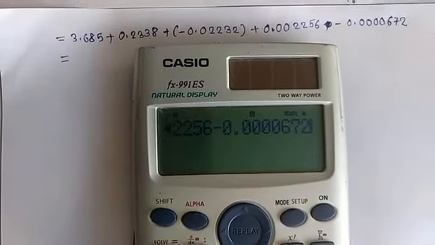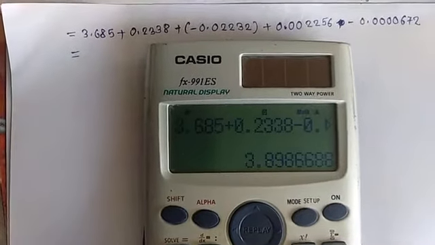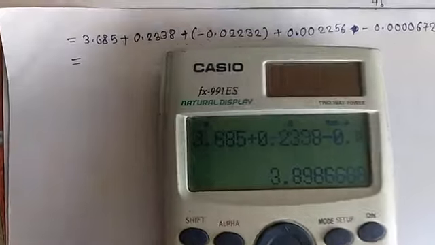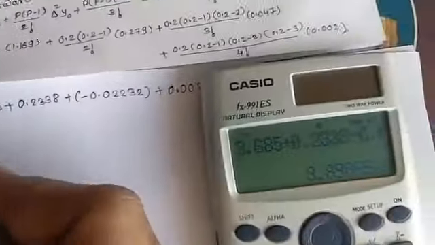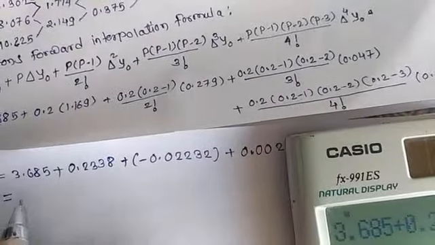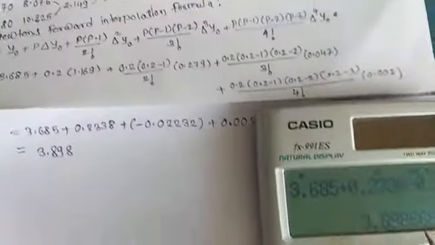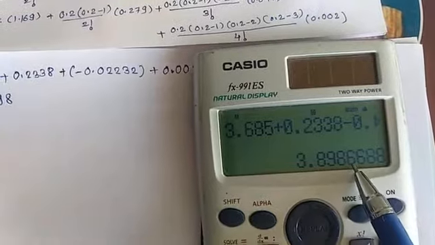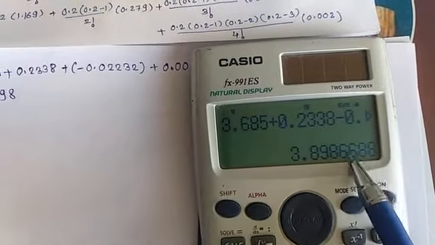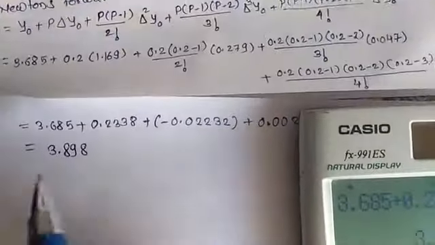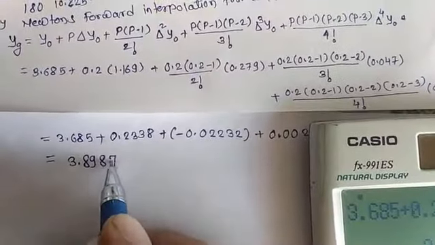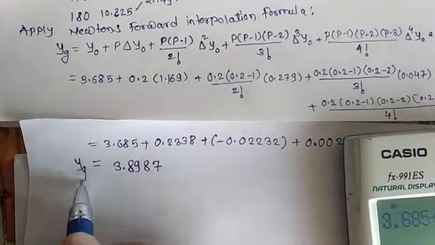So our answer will be 3.8986688. Here the digit after 6 is greater than 5, so you may write 3.8987. It is the value of y_p.